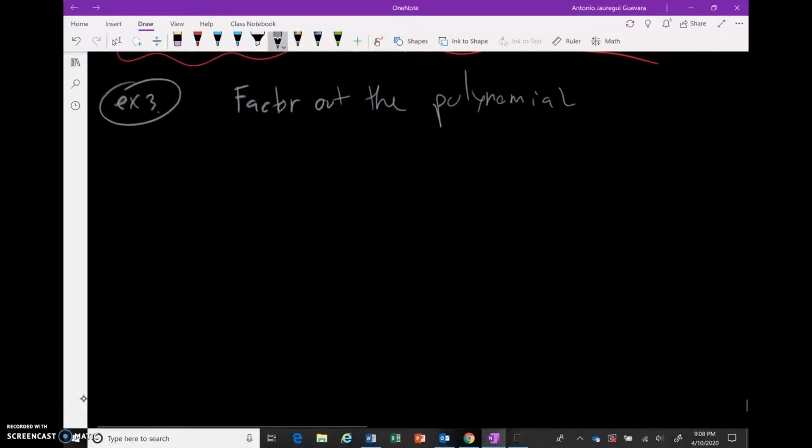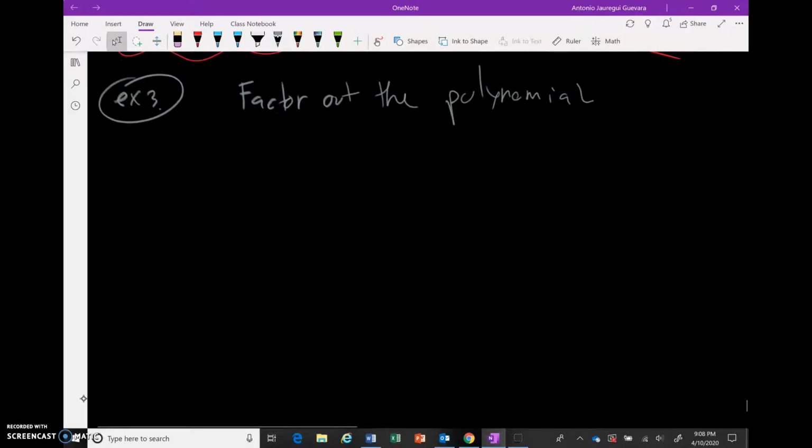I want this polynomial to be 1x cubed plus 5x squared minus 22x to the power 1. So for this one, guys, we want to figure out our greatest common factor, right?